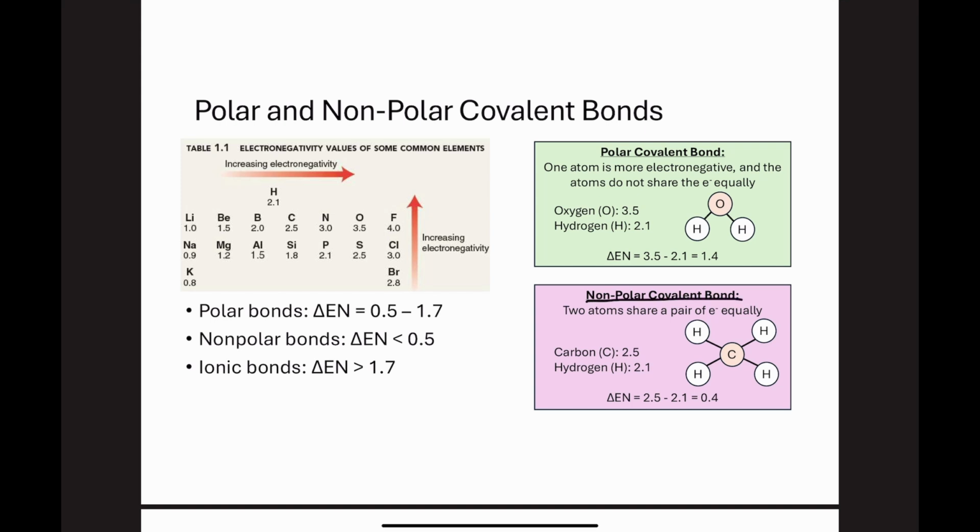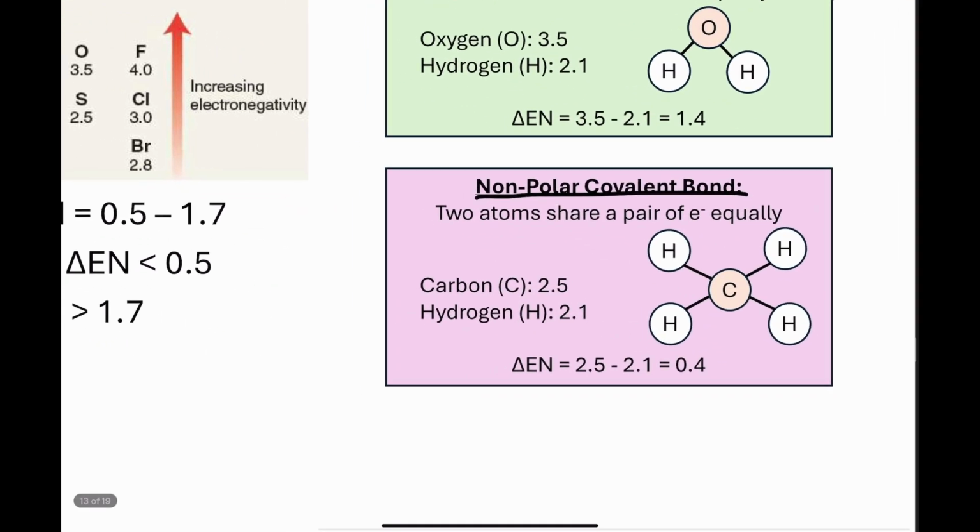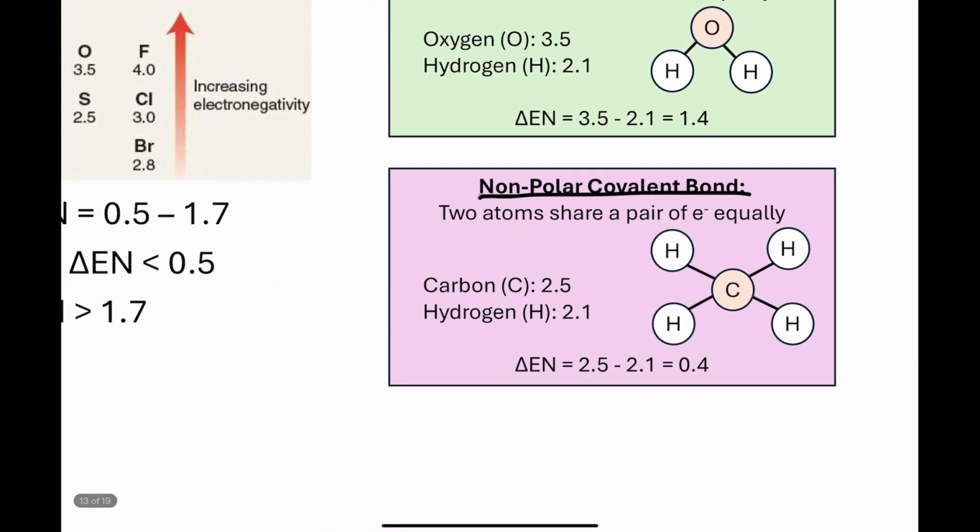A few points I want to make: a covalent bond between 2 atoms of the same element is always nonpolar. A covalent bond between atoms with similar electronegativities is also going to be nonpolar.